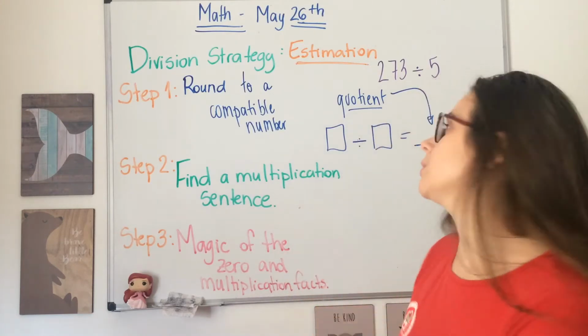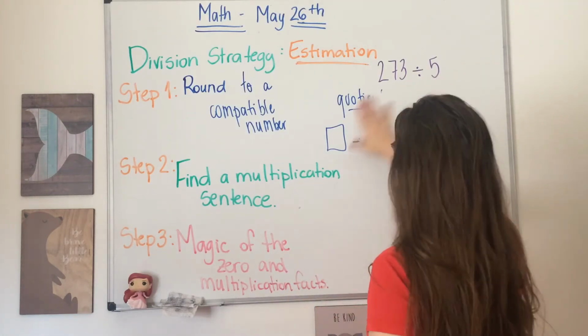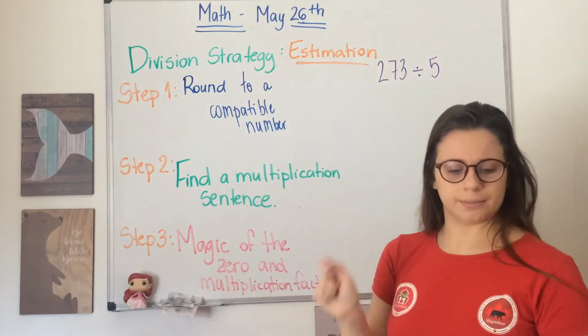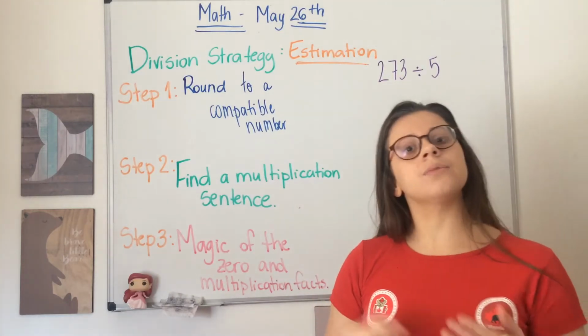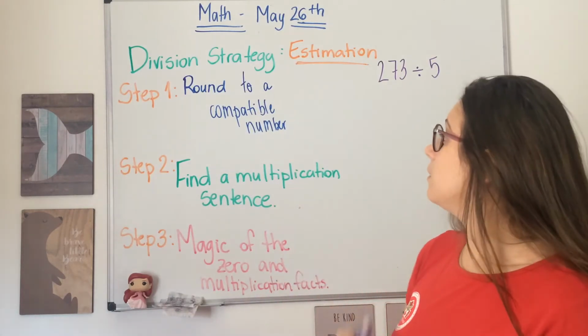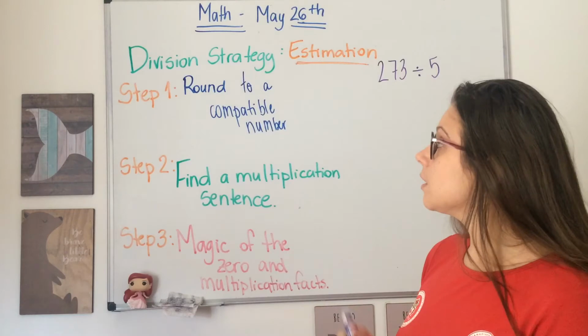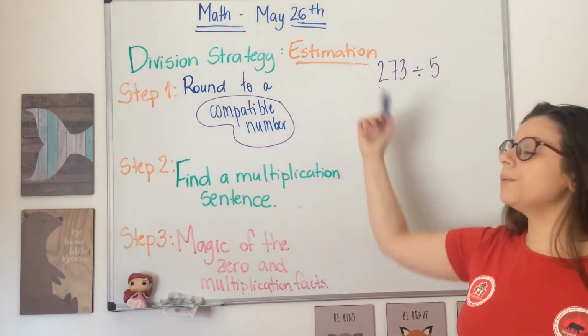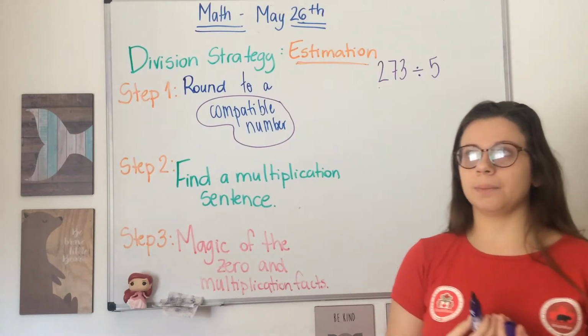So let's work on this new strategy. There is this step-by-step that I wrote. If you want to take notes, it's interesting, so you always can visit it back. The first thing you are going to do, you are going to round your factor to a compatible number. What is a compatible number?